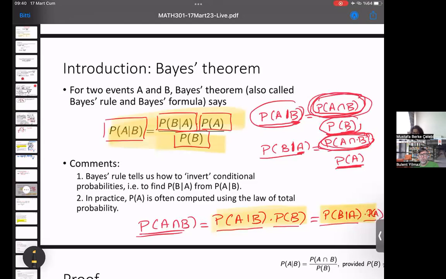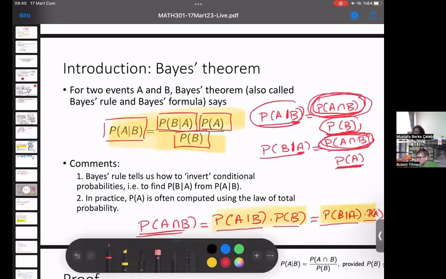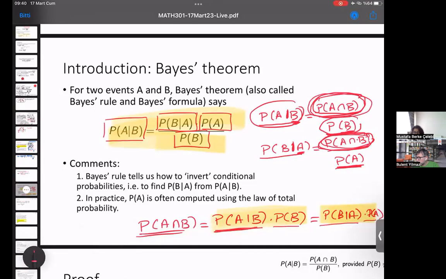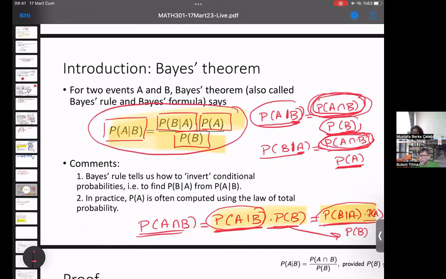I think you can go from this formulation, right? You can go from this and then find out this. Probability of A given B is going to be equal to this divided by P(B); you can take this down and obtain the same Bayes' formulation.